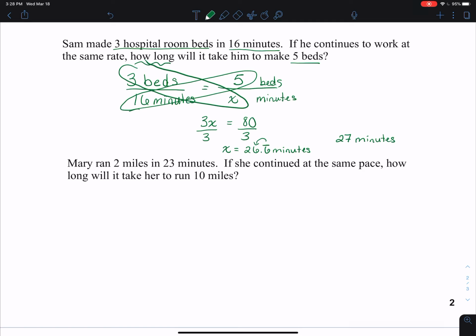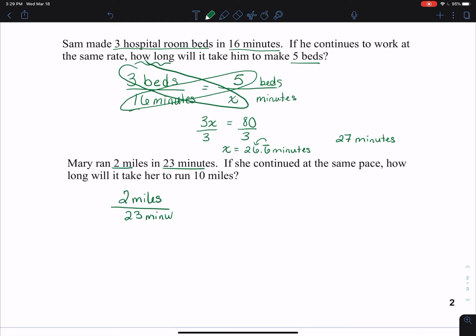If we look at the next example, it says Mary ran 2 miles in 23 minutes. If she continued at the same pace, how long will it take her to run 10 miles? So in this case, we're comparing distance, the miles, with time, the 23 minutes. So I can write the proportion 2 miles over 23 minutes.